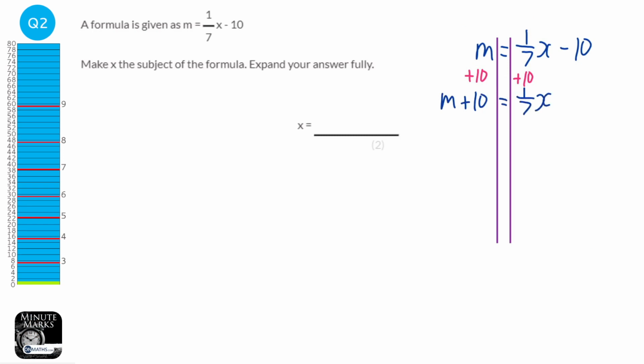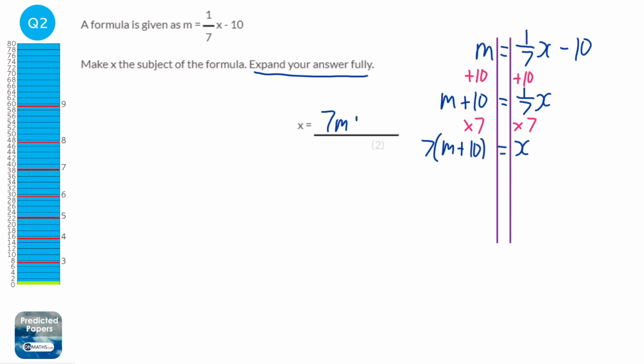Now, to get rid of the 1/7, what I can do is just times both sides by 7. So 7 brackets m plus 10 equals x. So x therefore would equal 7 brackets m plus 10, but it says expand your answer fully, so we're just going to expand the brackets.